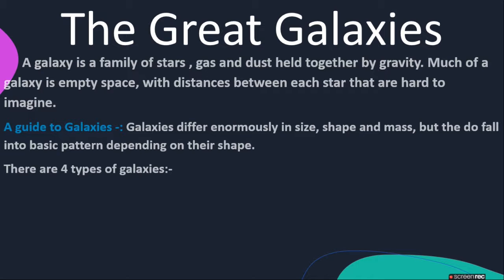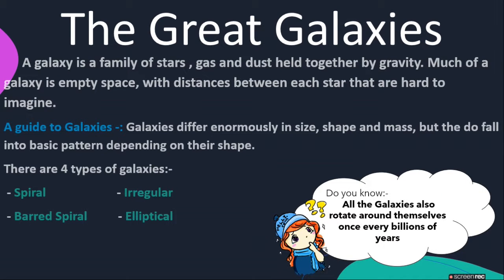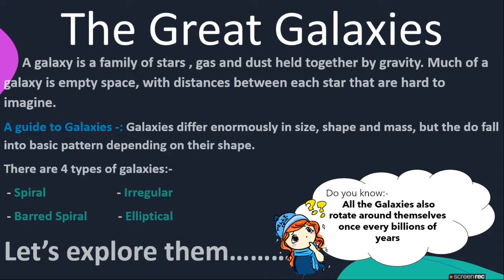There are four types of galaxies: spiral, irregular, barred spiral, and elliptical. Do you know? All the galaxies also rotate around themselves once every billion years. Let's explore them.